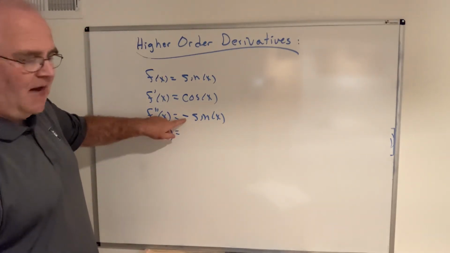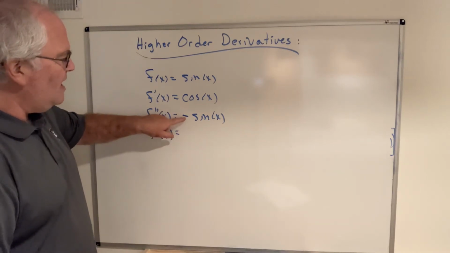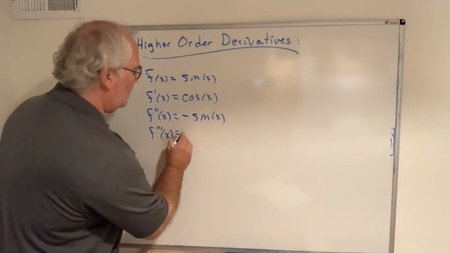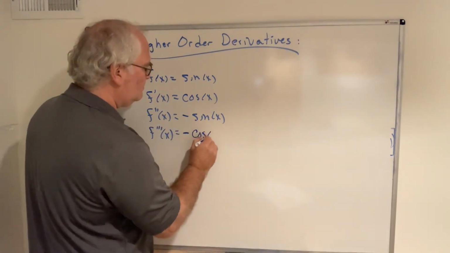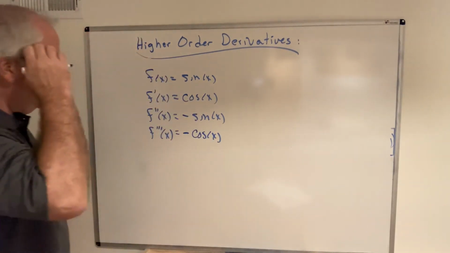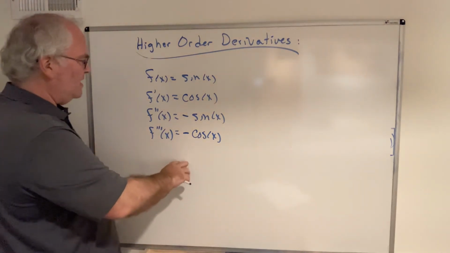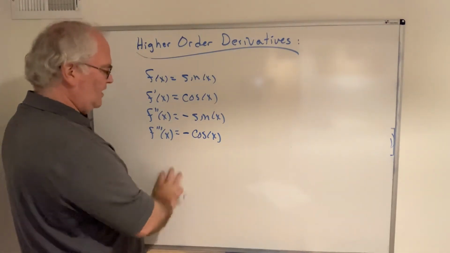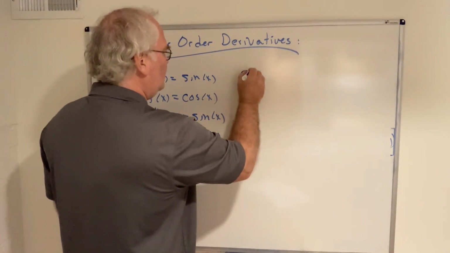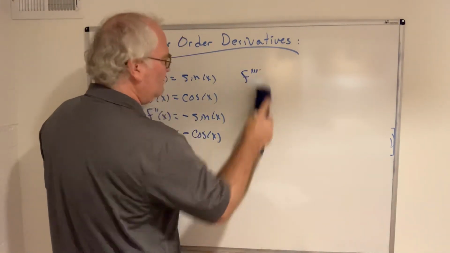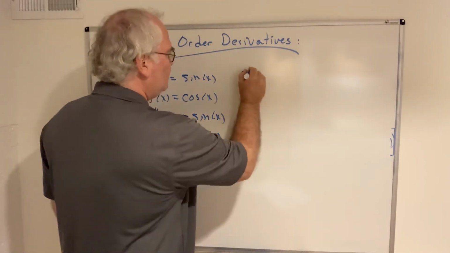Now this is a constant multiplier. This is negative 1 times. Constant multipliers multiply along, and the derivative of sine is cosine. And then I'm running down the space. Rather than continue, I'm going to bring it up here to save myself some space. So we could do the fourth derivative. Better do a 4 like a Roman numeral here.